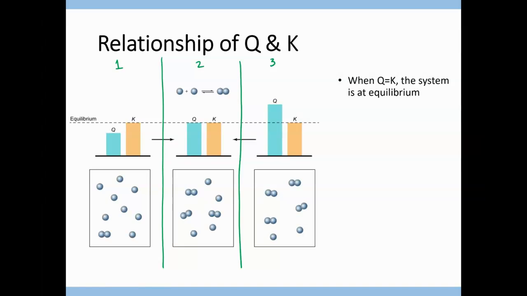If Q and K are equal to each other, that means that at this point in time, the ratio of the concentration of products to reactants is the same as the ratio at equilibrium. So remember Q is the concentration of products over the concentration of reactants. So if that ratio equals the K value for a reaction, then the reaction's at equilibrium.